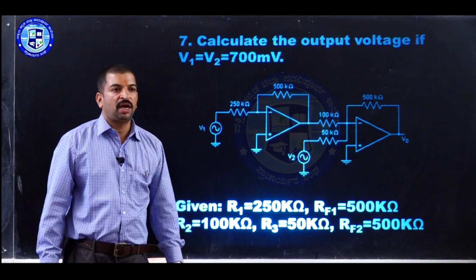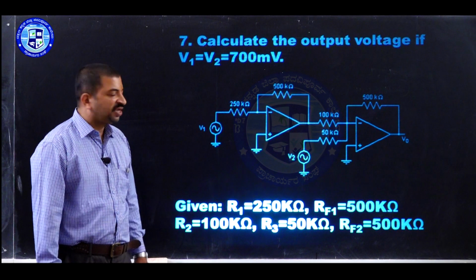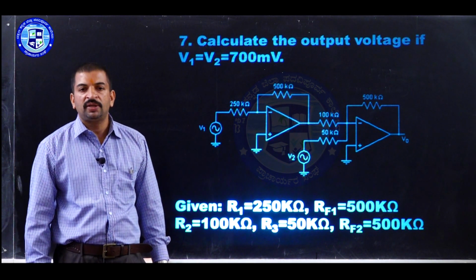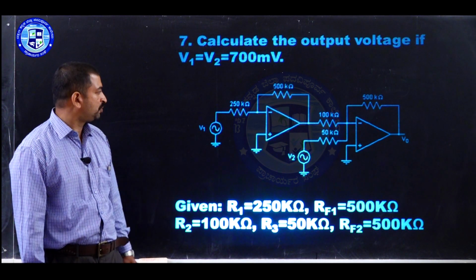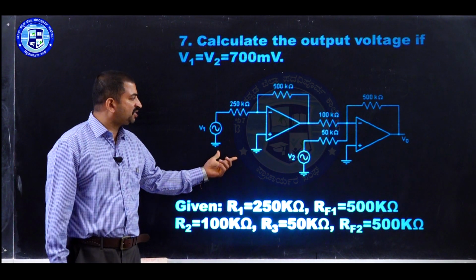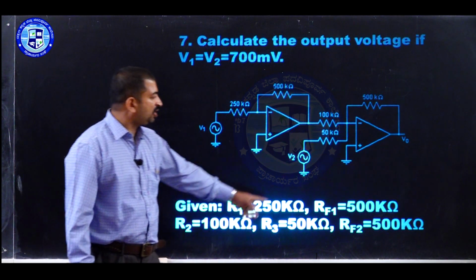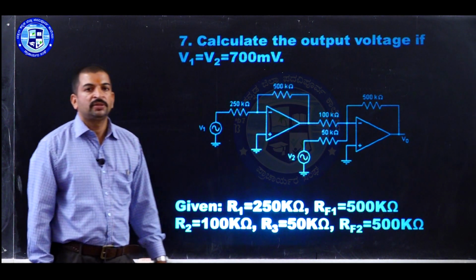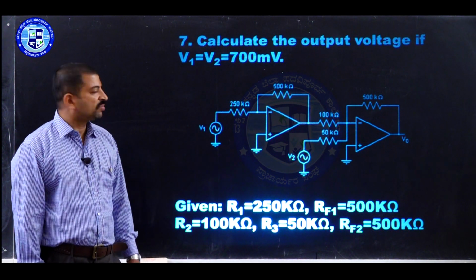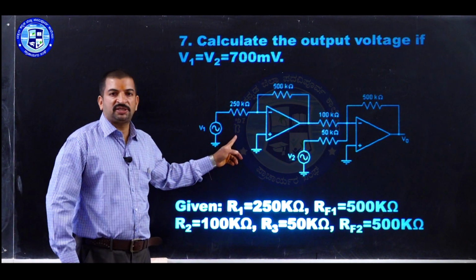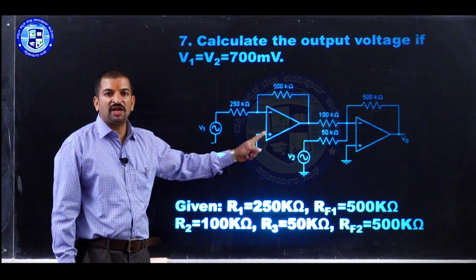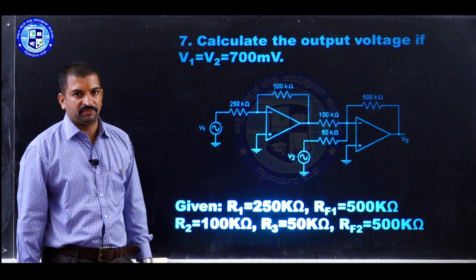The next one: calculate the output voltage if V1 equals V2 equals 700 millivolts. The first circuit is the op-amp inverting amplifier. The second circuit is the op-amp summing amplifier. The output voltage of the first circuit is used as one of the inputs to the summing amplifier.